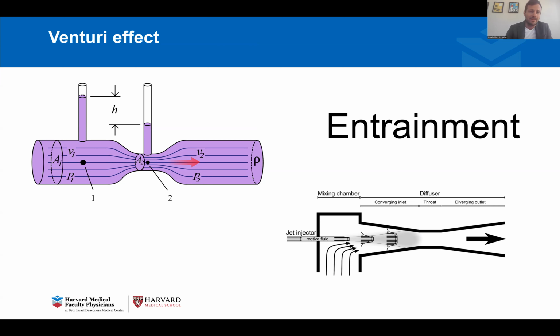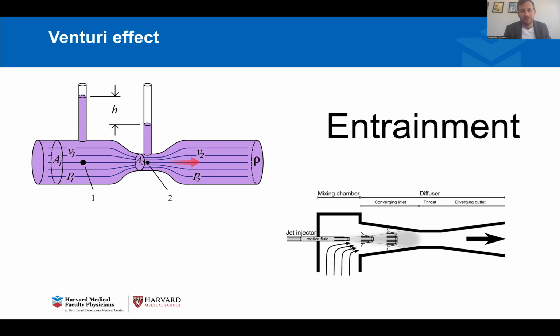You can see here on the left side the velocity of the gas, and at a constant gas volume and gas flow, through a stenosis, the velocity is increased. And this increase in velocity reduces the pressure. And wherever pressure is reduced, ambient air is entrained.